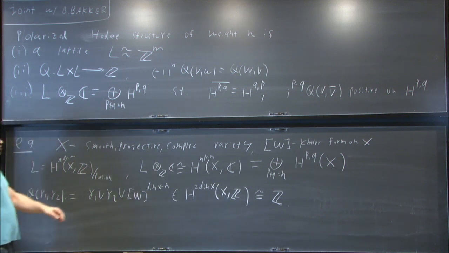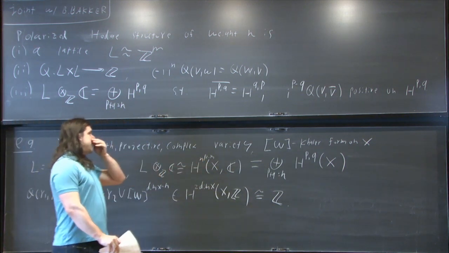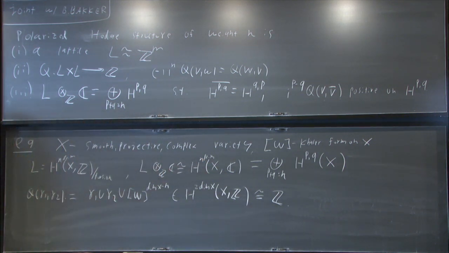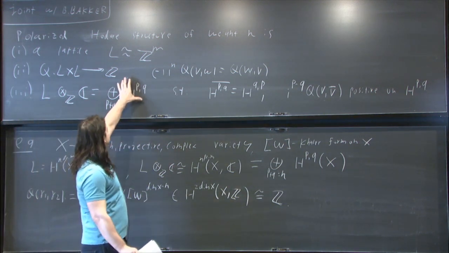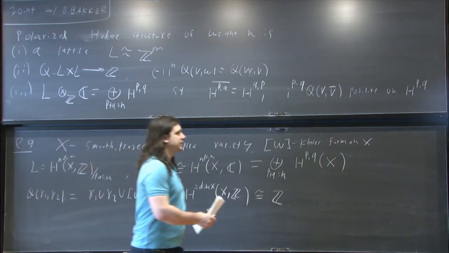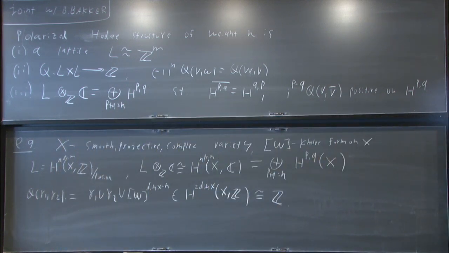So this is the canonical example that motivates the definition of a Hodge structure. Even though this direct sum decomposition is nice to work with, it ends up being more natural to record things in the form of a filtration.